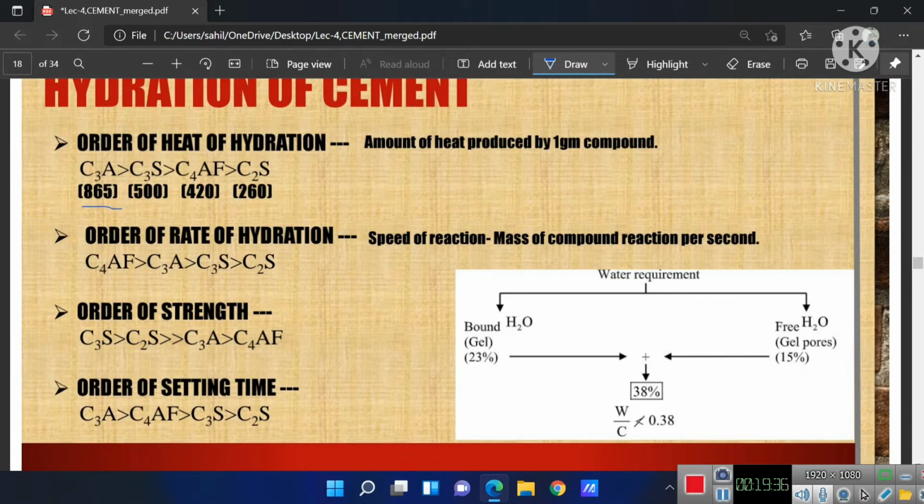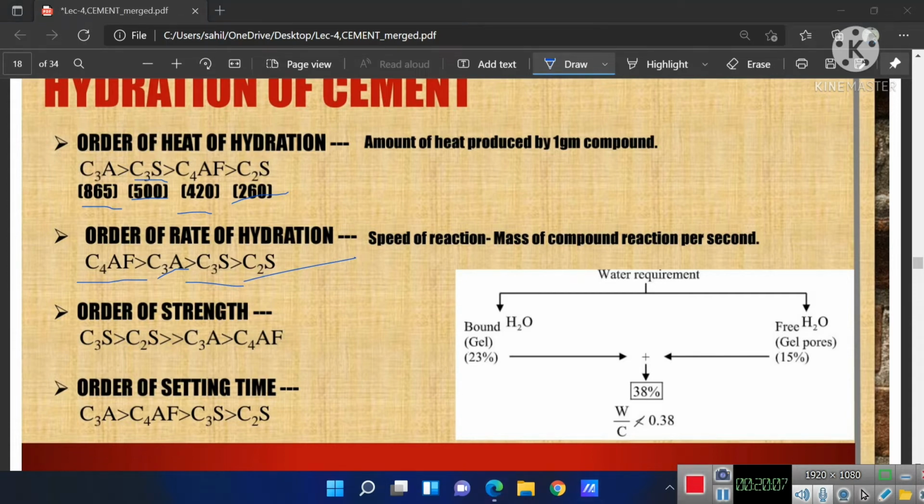Then comes C3S, which has a value of 500. Then C4AF 420, and then C2S 260. And in the case of the order of rate of hydration, that is speed of reaction, C4AF has the greatest rate of hydration, then C3A, then C3S, then C2S.